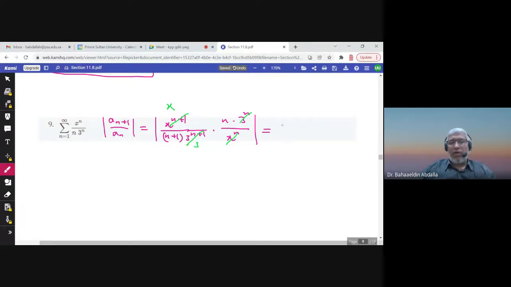So absolute value of x over 3, and I have n over n plus 1. When n goes to infinity, this will go to 1.